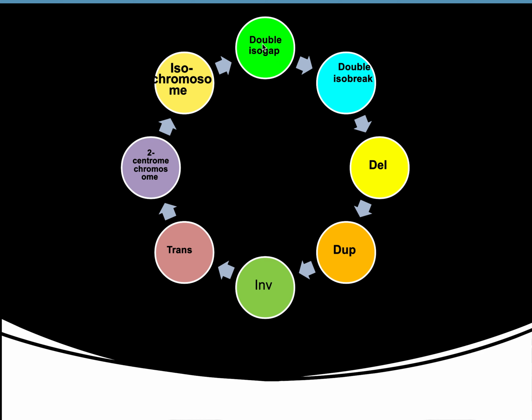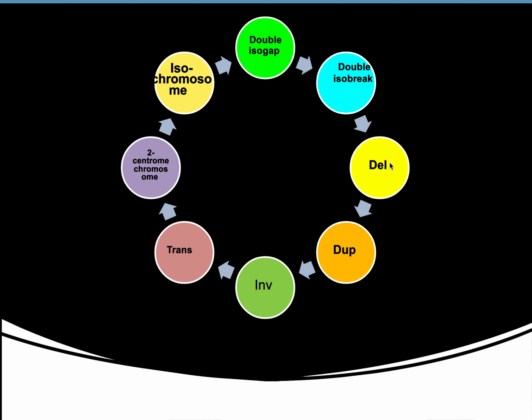And so you call the first one double isogap. It is a little bit similar to the chromatid type isogap, but this one happens on both chromatids at the same position. And this one is the same: double isobreak. That means it happens on both.